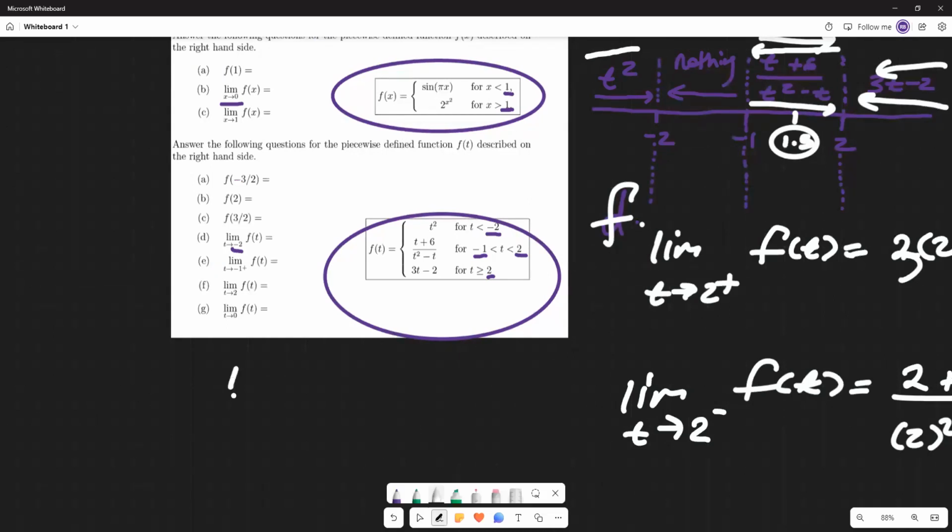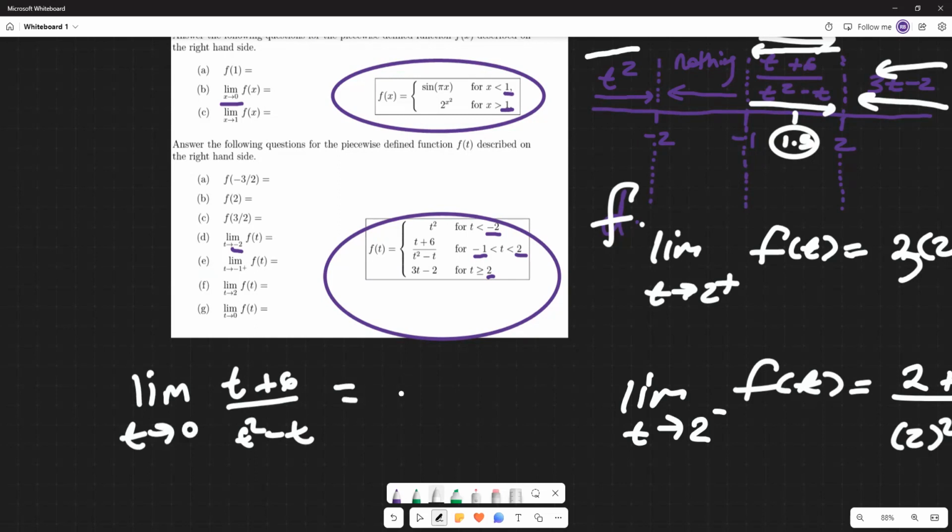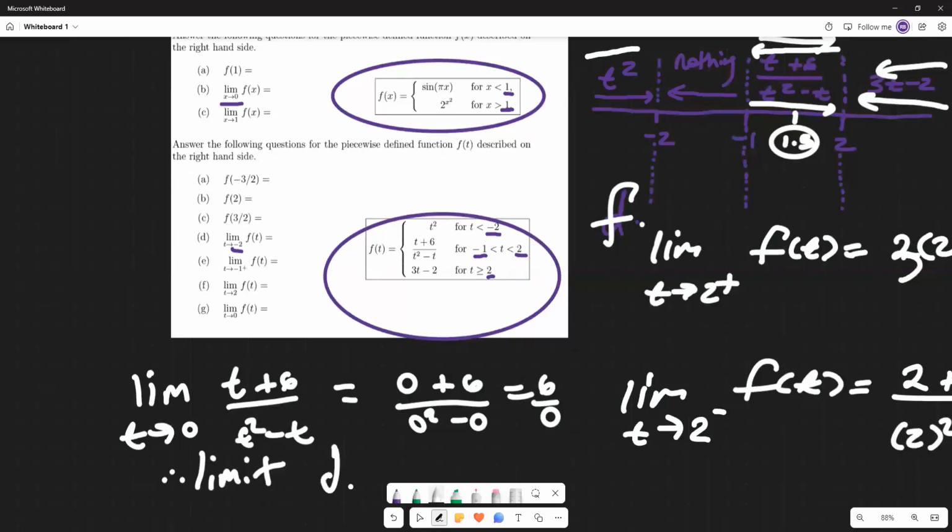So it's going to be t plus 6 over t squared minus t, and then the limit as t approaches 0. If I were to directly substitute, it's going to be 0 plus 6 over 0 squared minus 0, which is 6 over 0, which is no solution. Therefore, the limit does not exist.